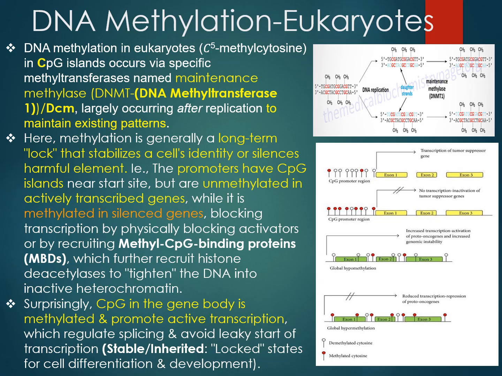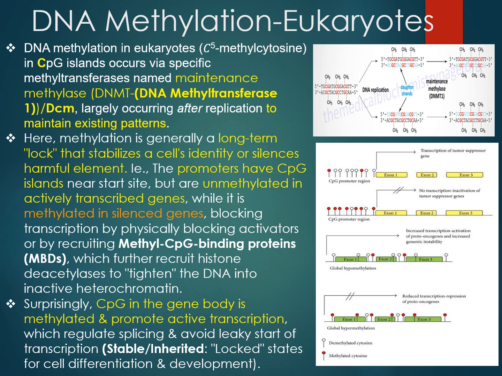It occurs largely after the replication to maintain the existing pattern. So the gene stability and the pattern will be followed generation after generation by this methylation pattern. And here it acts as a long-term lock that stabilizes a cell's identity or silences harmful effects.